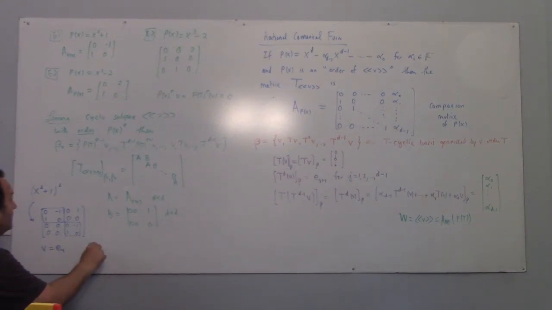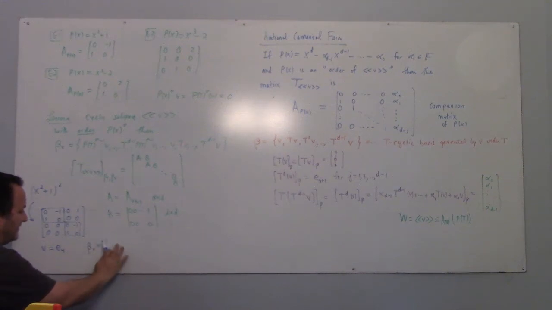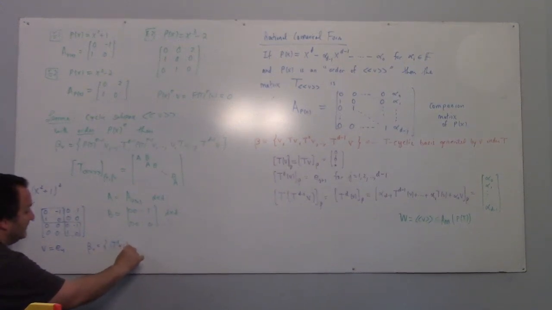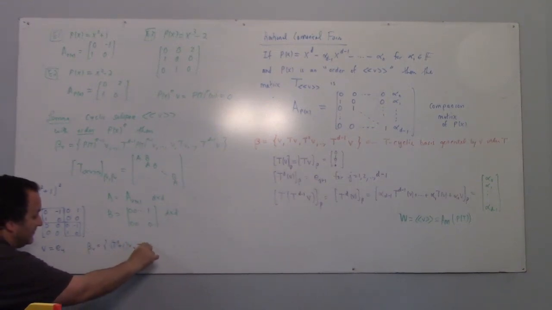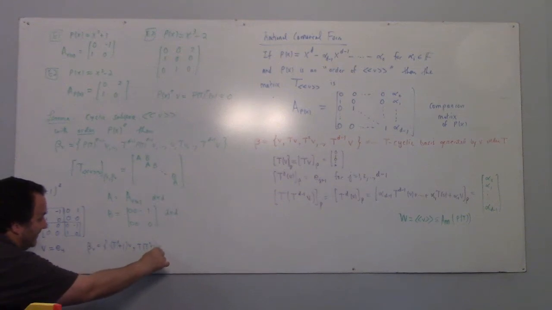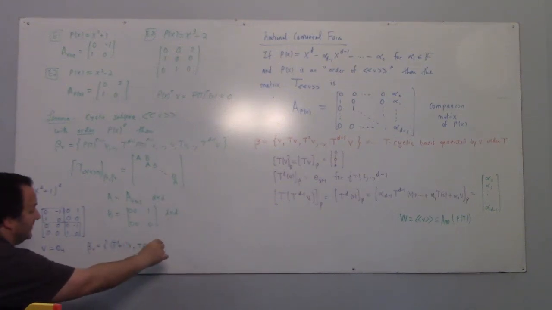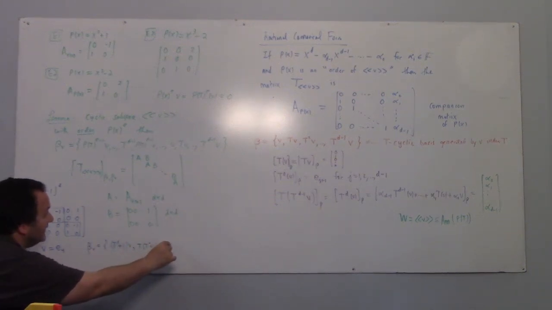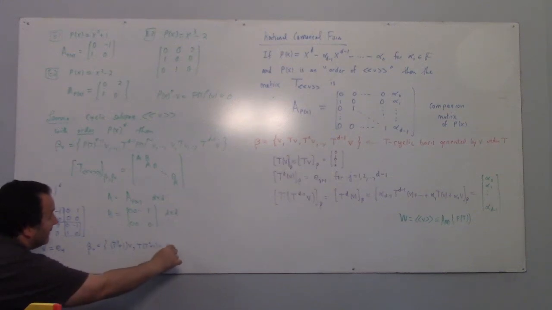If I'm not wrong, it would be x squared, I need to use t, right? So (t squared plus 1)v, comma, t(t squared plus 1)v, comma, v, comma, tv.